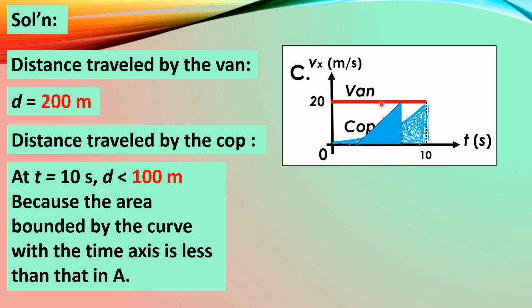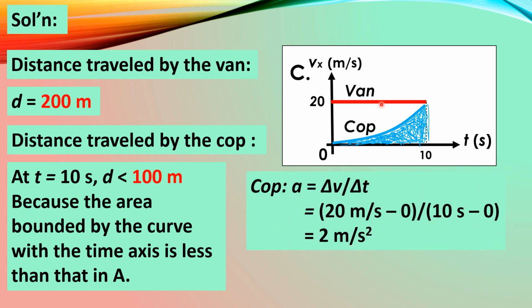But its acceleration is not constant. From the beginning, or from time equals 0, its acceleration is increasing. And its average acceleration, if the graph line is a diagonal straight line, would also be equal to 2 meters per second squared.